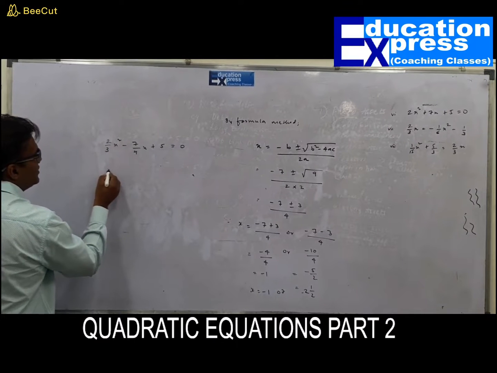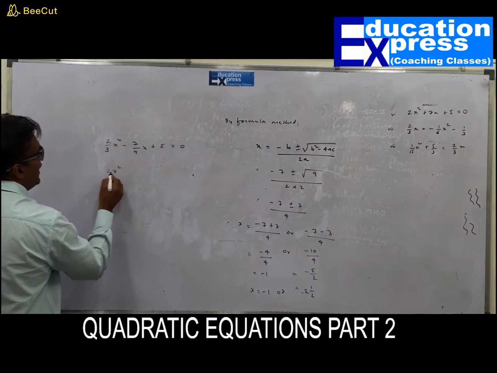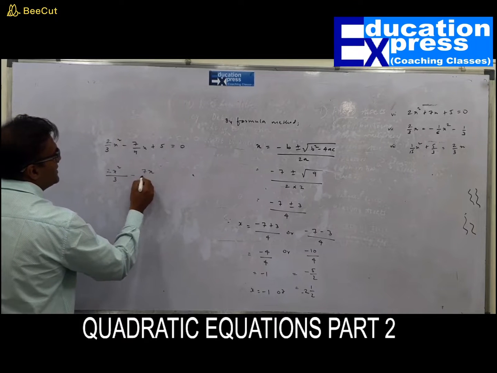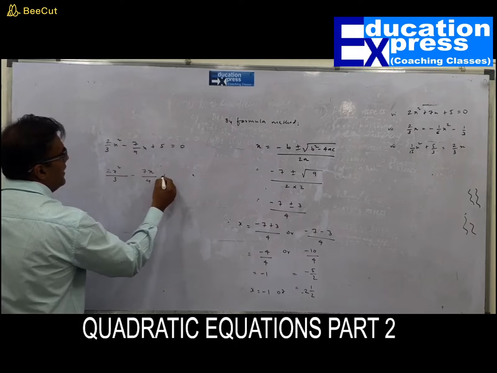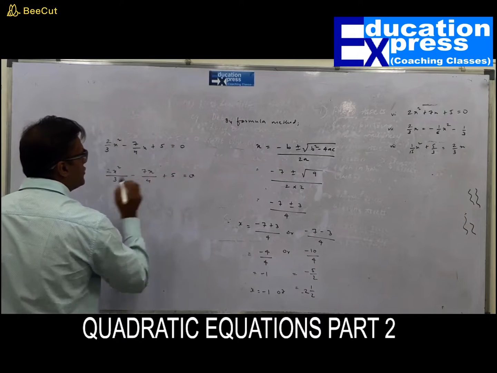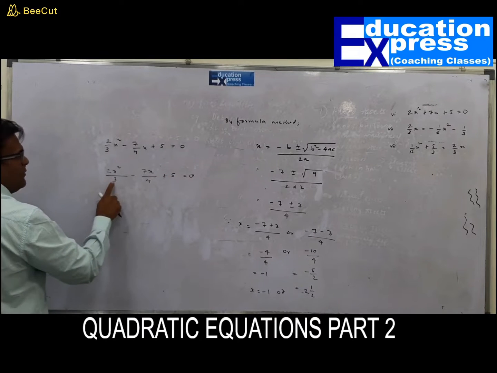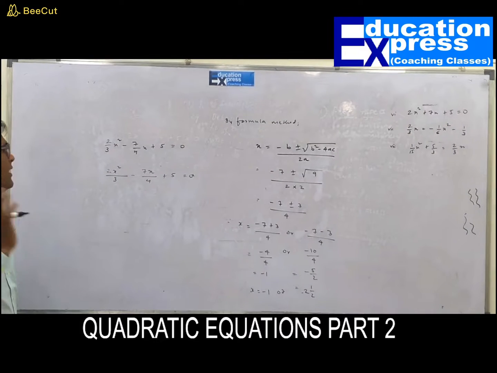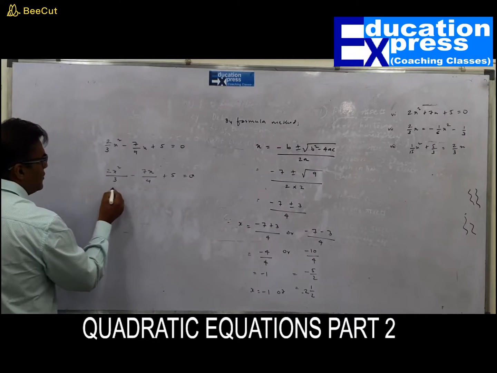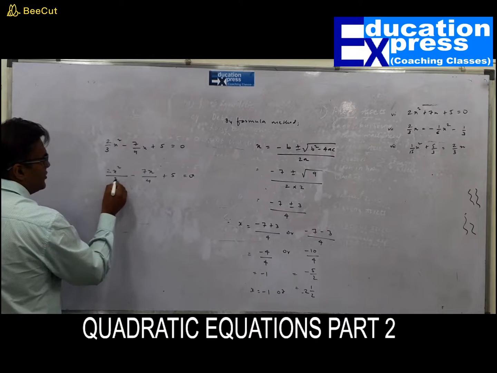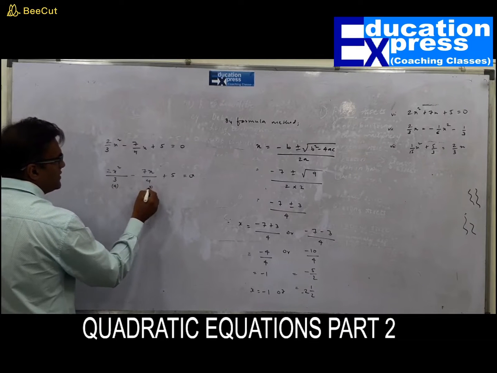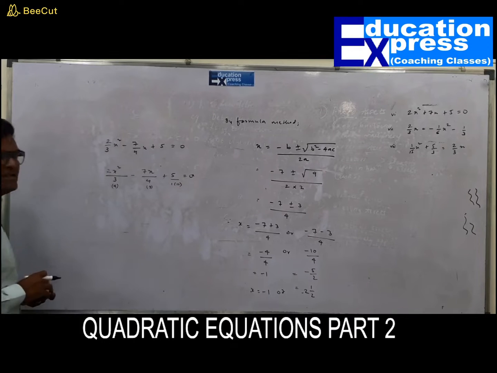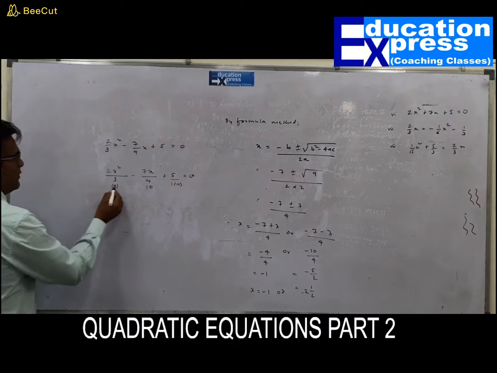This can be written as 2x square whole upon 3 minus 7x the whole upon 4 plus 5 equals 0. What will be the LCM of 3 and 4? LCM of 3 and 4 would be 12. So, you can write over here, 3 4s are 12, 4 3s are 12, 5 into 12, so basically LCM would be 12.